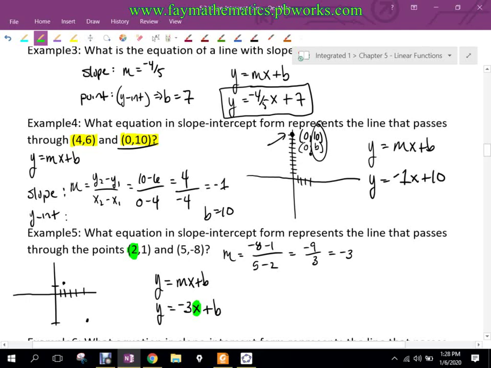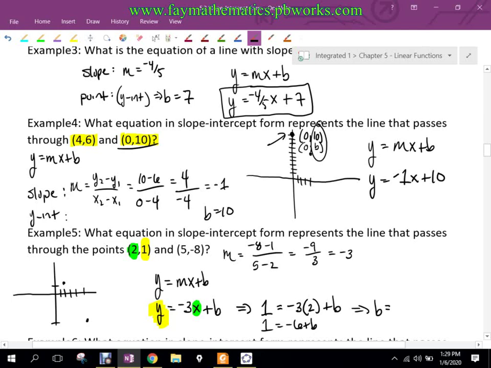So let's put 2 right there. Is this value here a y value? Let's put y right there, or that 1 right there. So if I do this, 1 equals negative 3, x was 2, plus b. Does that give me an equation I can solve for b? 1 equals negative 6 plus b, right?